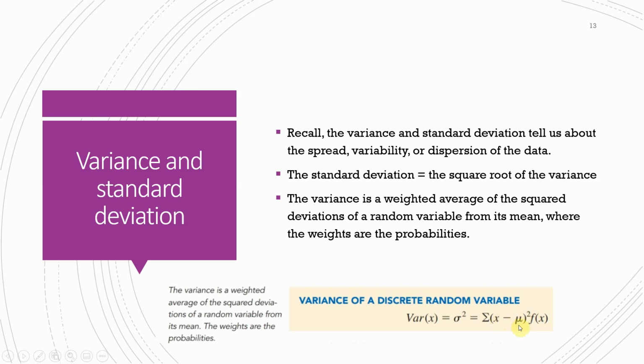Because sometimes the sum of the differences of the values from the mean sum to 0, so we square them. Then we multiply them by the probabilities, because remember, it's a weighted average. What are the weights? They're the probabilities. By summing these, it's going to tell us the variance. And if we take the square root of the variance, sigma squared, it will give us the standard deviation. We're going to go through an example to show how to do this in the next video.